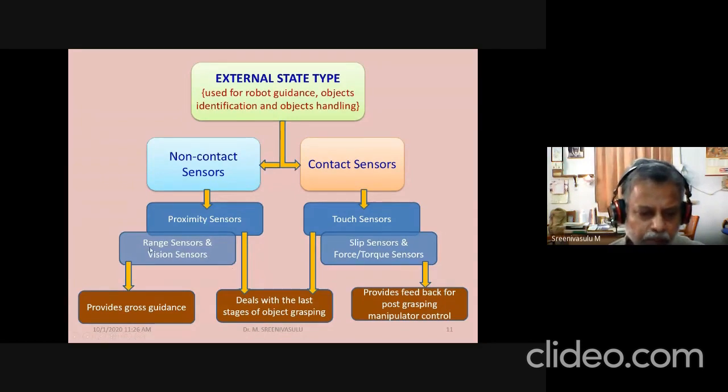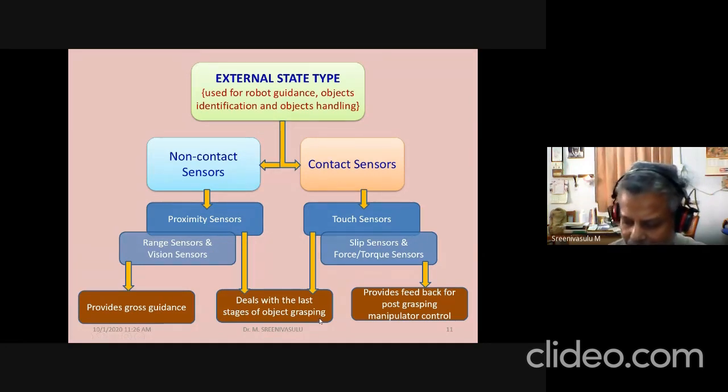Now, what purposes are going to be served by range and vision? These two sensors are going to provide overall guidance for the robot. And the proximity sensors and touch sensors deal with the last stages of object grasping.